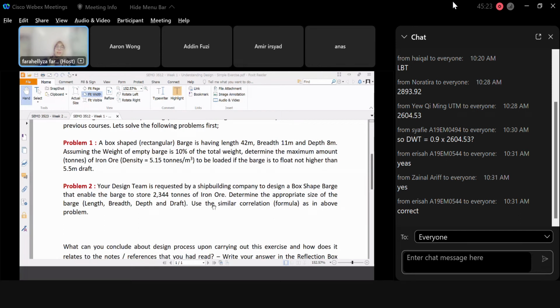You are only given the type of shape and the dead weight, and that's it. So with these 2 owner's requirements, you now have to come up with the solutions. That is the difference between design and other courses like statics or dynamics.